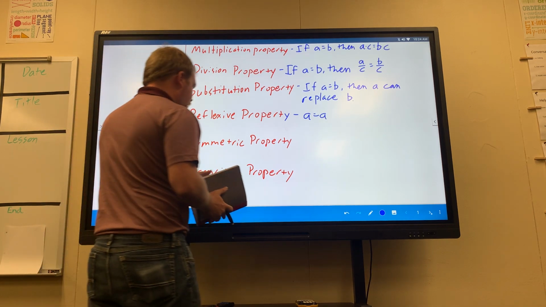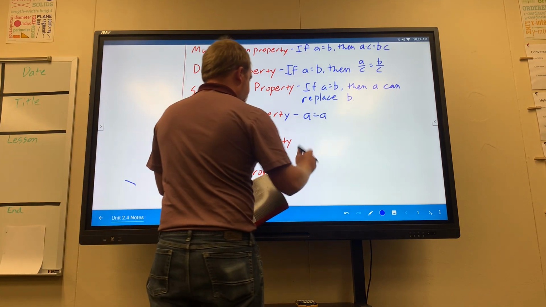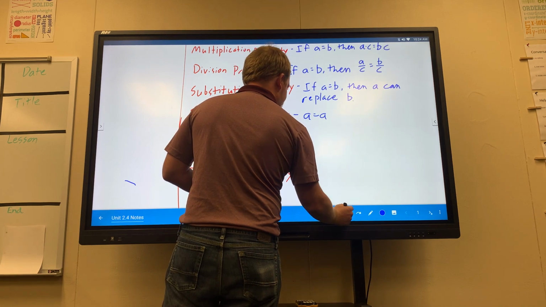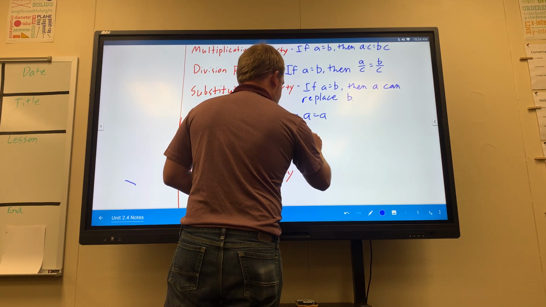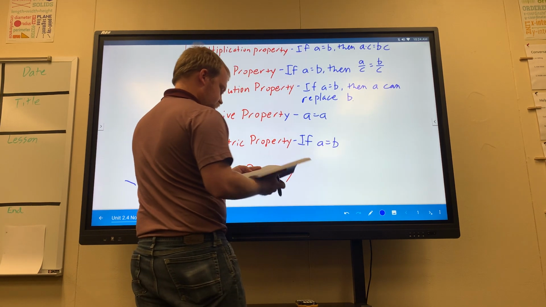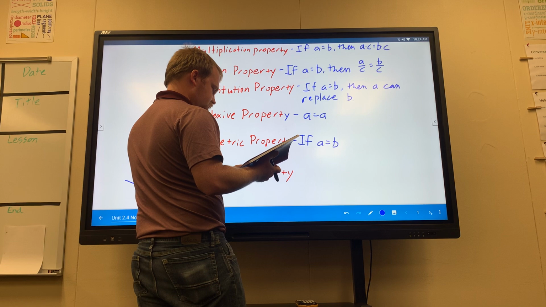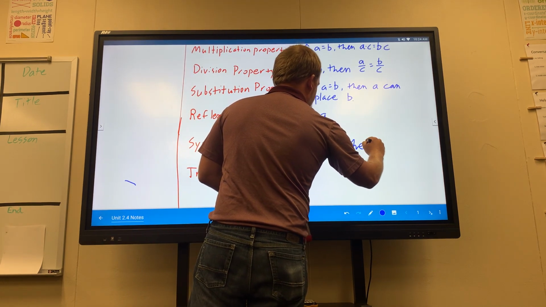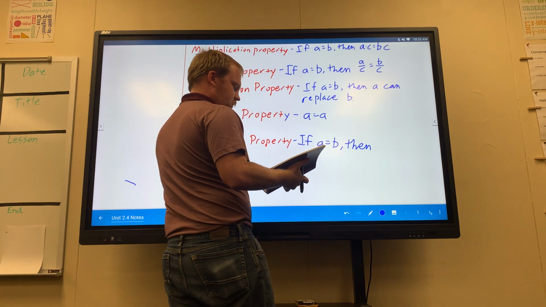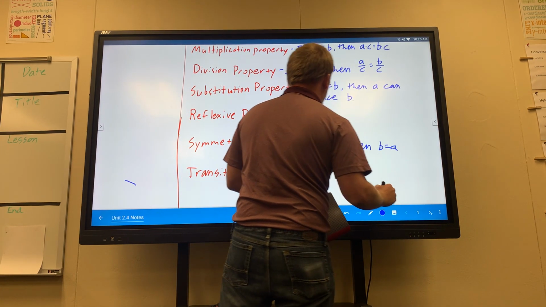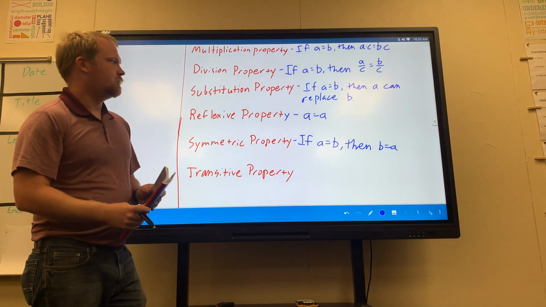Now, symmetric property says if A equals B, then B equals A. Okay?